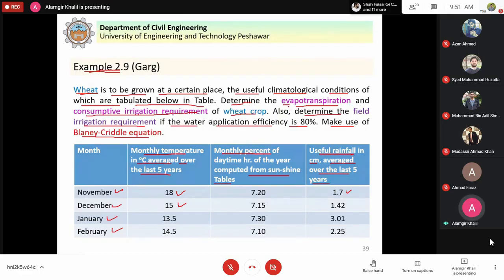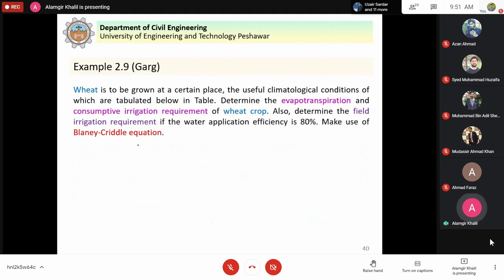Now first we have to calculate the evapotranspiration or consumptive use. We already know that according to the Blaney-Criddle equation, Cu, the consumptive use or evapotranspiration, is equal to K, small k, into summation of F. And this F is given by P by 40 into (1.8 T plus 32).